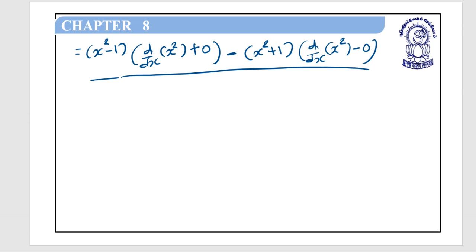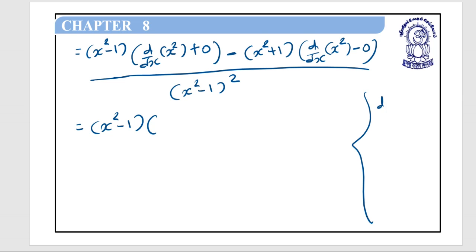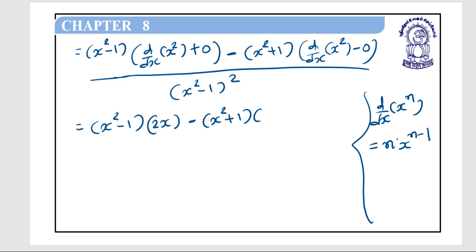In the denominator, x square minus 1 whole square. So x square minus 1, d by dx of x square. Here you have to use d by dx of x raised to n is equal to n into x raised to n minus 1. So it is 2x minus x square plus 1, d by dx of x square, it is also 2x, upon x square minus 1 whole square.